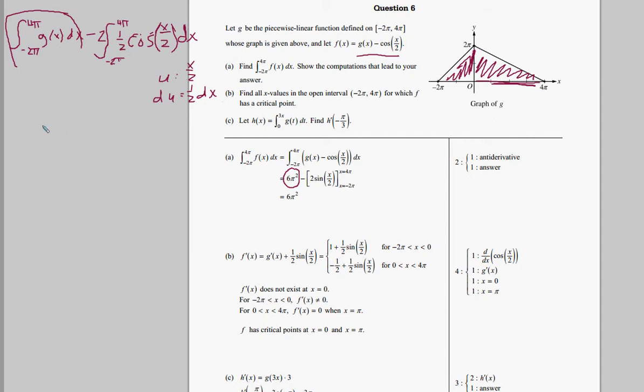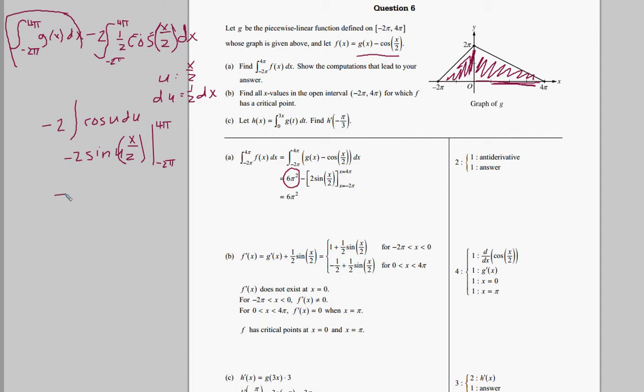So I have minus 2 times the integral of the cosine of u du, and that antiderivative is the sine of u, and my u, actually let's go ahead and switch that out, is going to be x over 2 from negative 2 pi to 4 pi. Don't forget we've got our negative 2 hooked on out front.